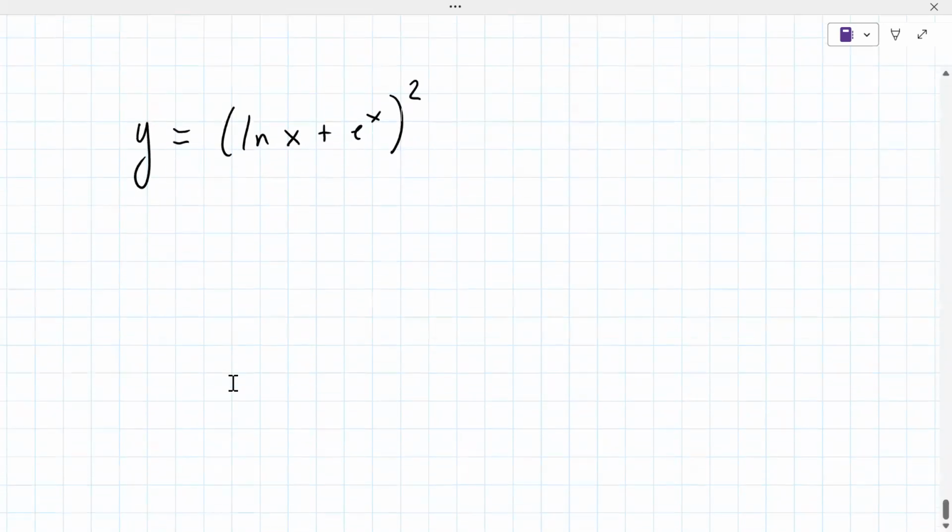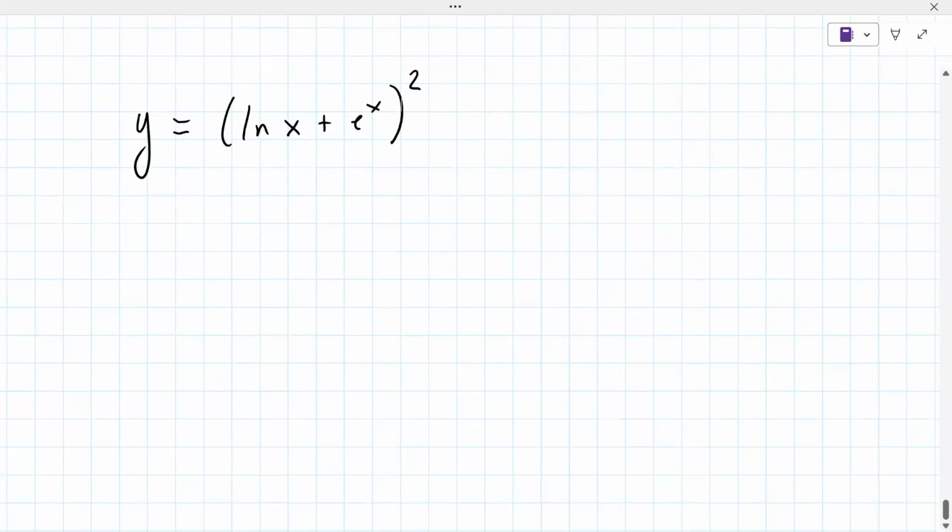All right, let's do another one here. How about y equals natural log of x plus e to the x, squared.